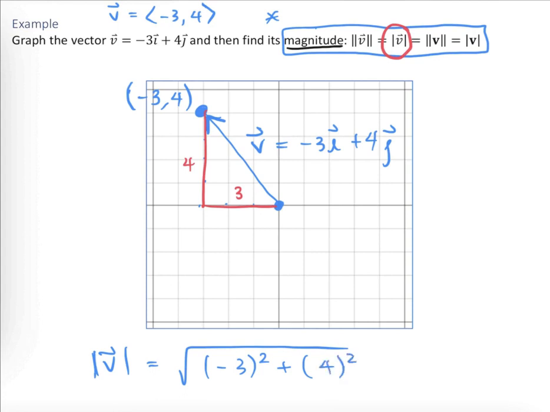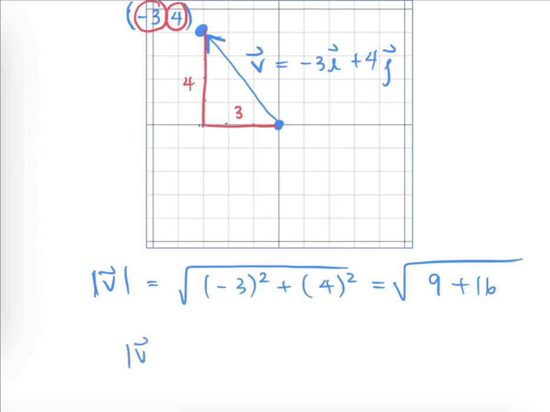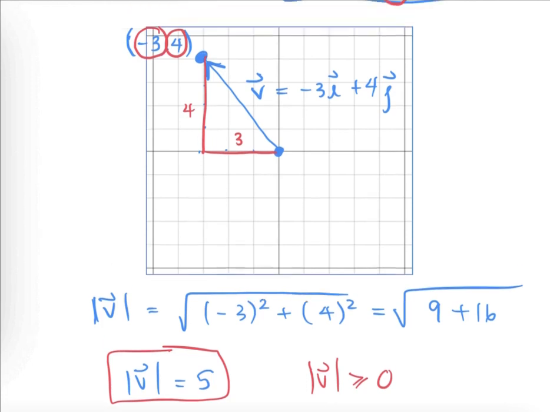So essentially, the ordered pair at which we terminate, or the components of the vectors themselves, we can square those and add them together. It's basically the Pythagorean theorem in order to come up with the magnitude of this vector. So this is going to be 9 plus 16, which is 25, and the magnitude of this vector is the 5 value that we were expecting. Remember, the magnitude of a vector is always going to be a positive quantity because it is representing the length of that vector.